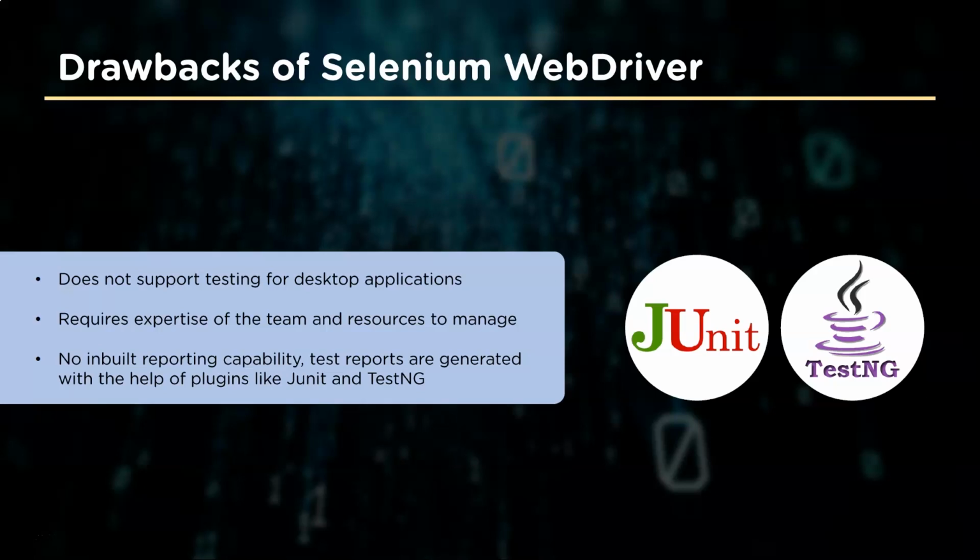For reporting purposes, we use components like JUnit and TestNG. These are the ways in which we can go for the integration, where we integrate Selenium and other frameworks like JUnit and TestNG.